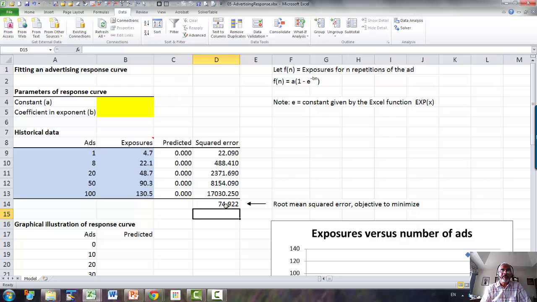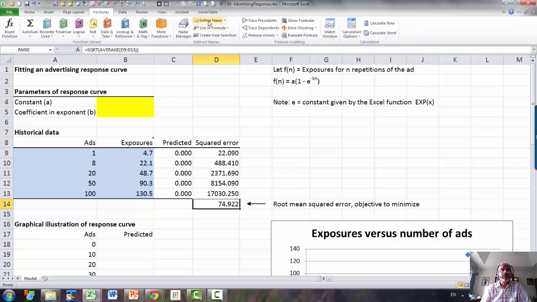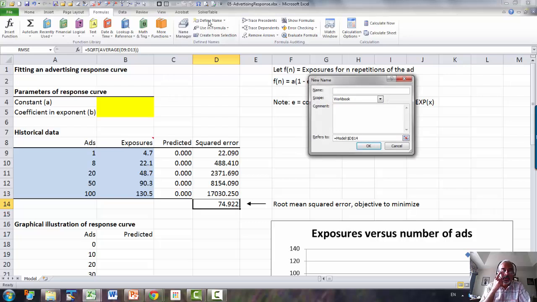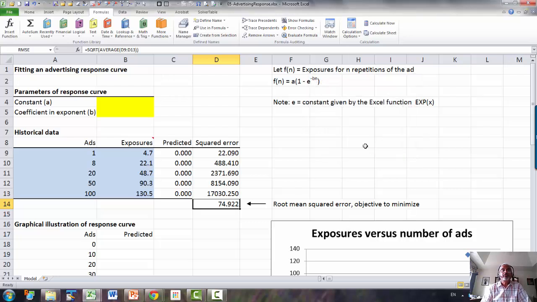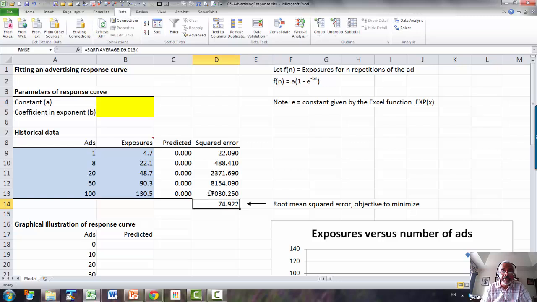Now we'll name this cell RMSE, root mean square error. Our solver problem is to find A and B such that the root mean square error is minimum.